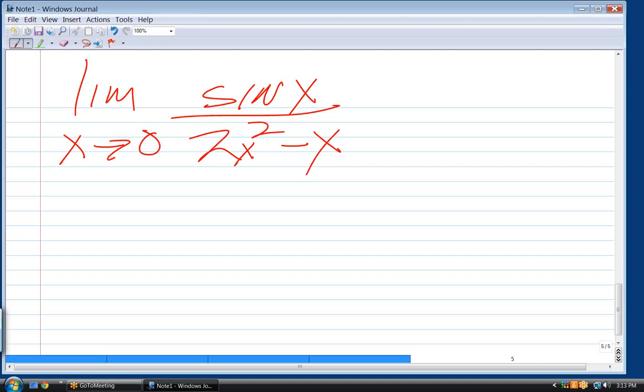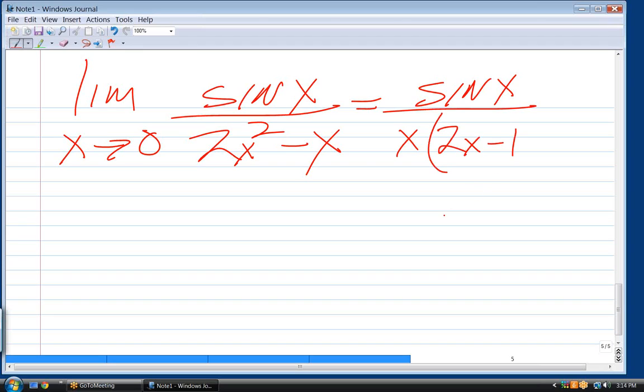Okay, so let's factor and see if that gets us anywhere. Well, we can't factor the top, but we can factor the bottom. What do we get? 2x. No, factor out an x. Oh, yeah. So it's x times 2x minus 1.